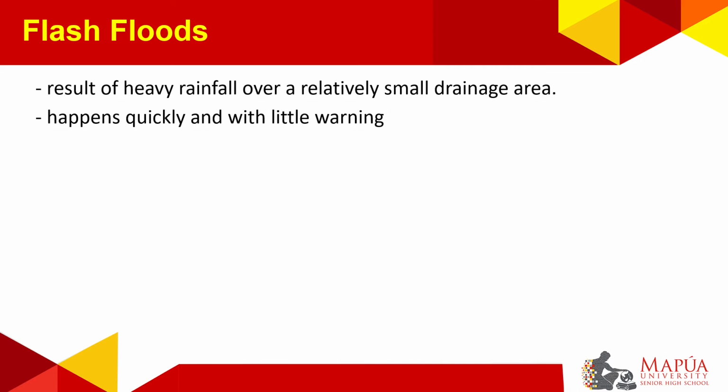And a flash flood will happen instantaneously and will disappear after a few hours or after a few days. But if the conditions are met, that the rainfall is heavy enough and the drainage system is non-existent or small enough, then there will be a flash flood.